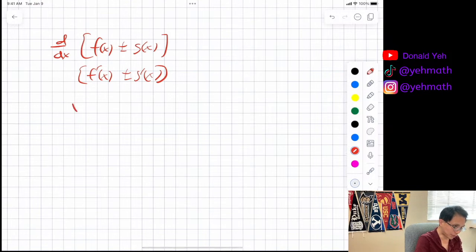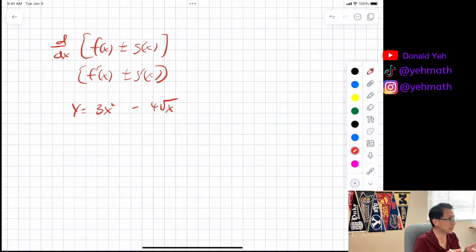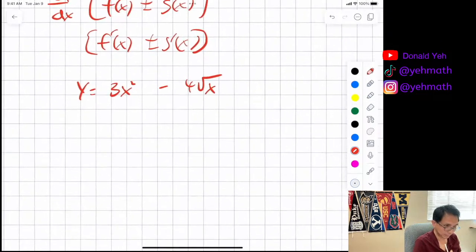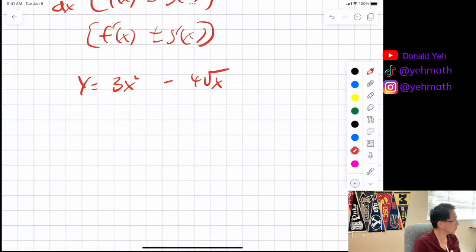Let's just say I have y equal to 3x squared minus 4 square root x, and I'm taking the derivative. There are two functions. The first function is 3x squared. The second function is 4 square root x. You just have to take a derivative of this and a derivative of this and subtract.